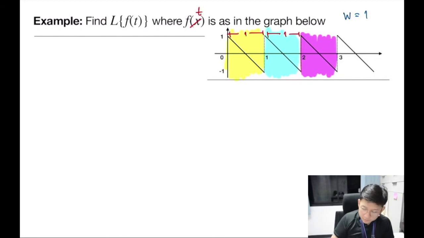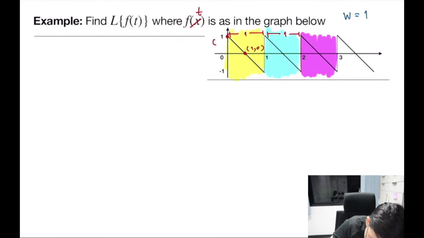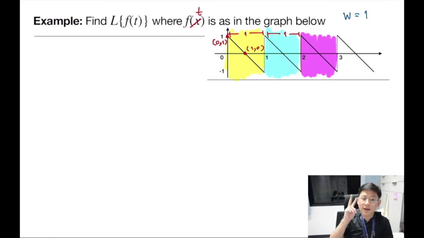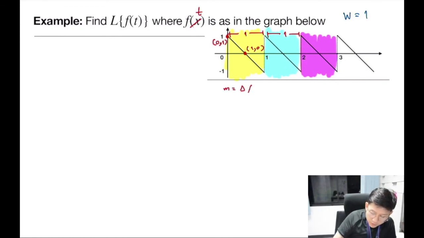Okay, so first you need 2 points. You have 1 point here, which is 1 and 0, and you have 1 point here, which is 0 and 1. Whenever you have 2 points, you can find the equation, right? First, you need to find the slope, which is delta y divided by delta x.